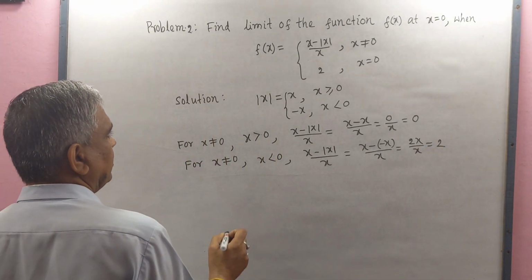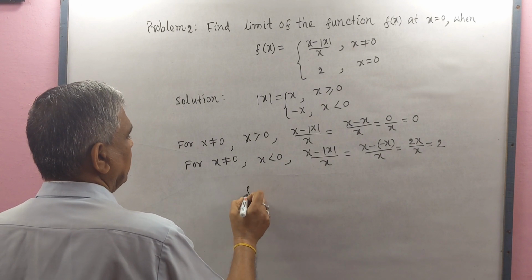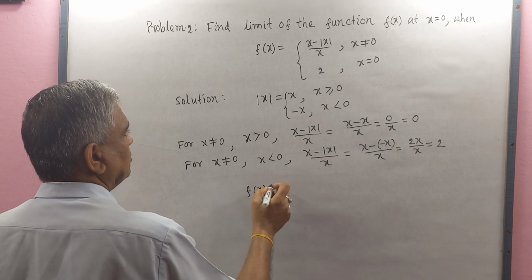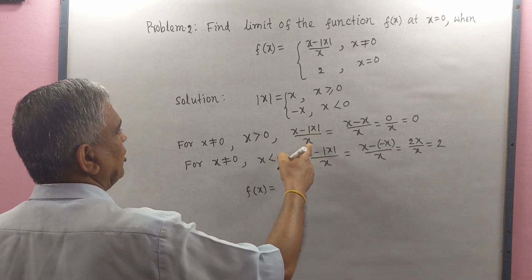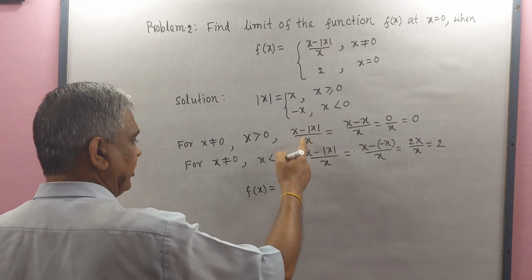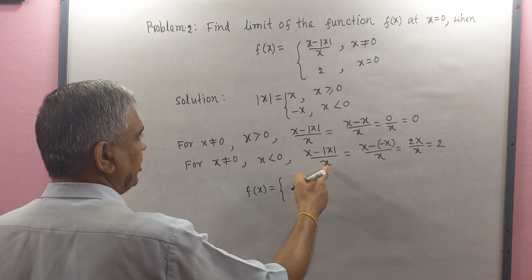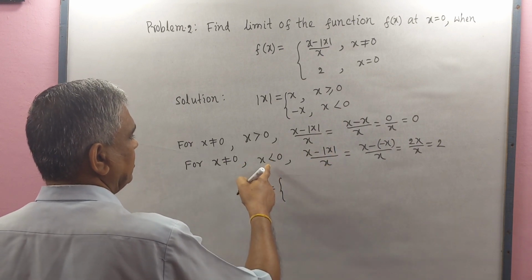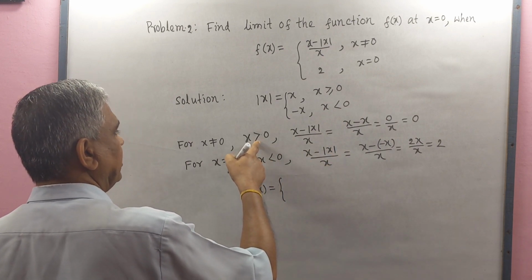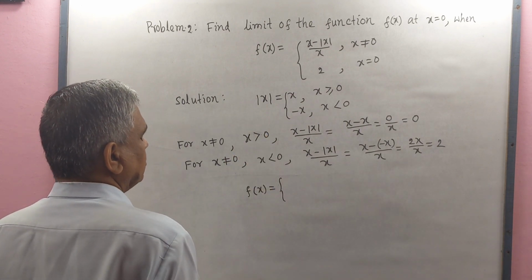So we may write f(x) equals x minus modulus of x by x. This is less than 0 and this is greater than 0.